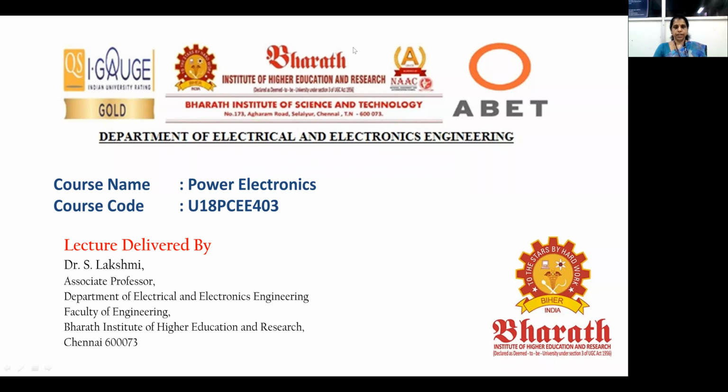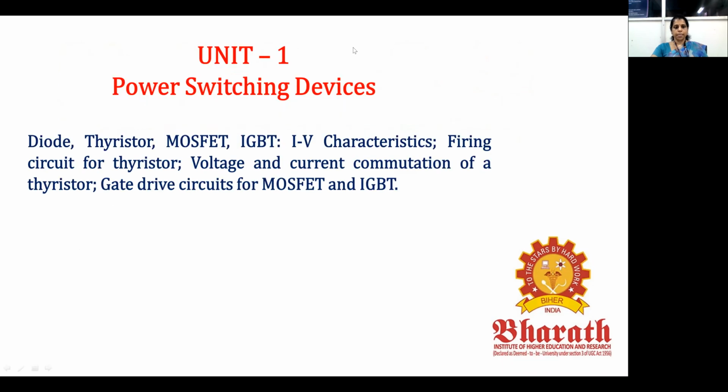In this video, I shall discuss the introduction of power electronics and some of the basic power semiconductor devices, their VI characteristics and the dynamic characteristics. So we shall discuss topics that come under unit number 1 of the subject power electronics.